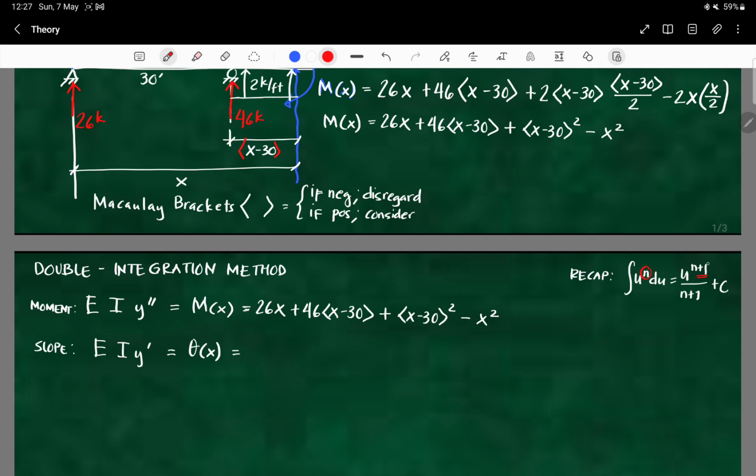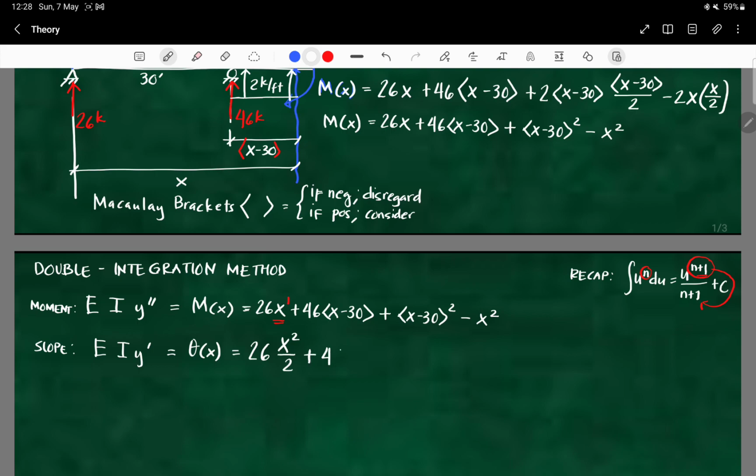Ngayon, itong exponent na to is ibababa natin yan dito sa denominator. So, ganun lang yung pattern. You just need to add 1 and then ibaba mo yung exponent. So, bali yung mangyayari dito is itong mga constant, ilalabas natin yan. So, this is 26 and we need to integrate itong x. So, itong x, may exponent 1 yan. Okay, exponent 1 yan. So, meaning magiging ano to? x squared and then yung squared ibaba mo.